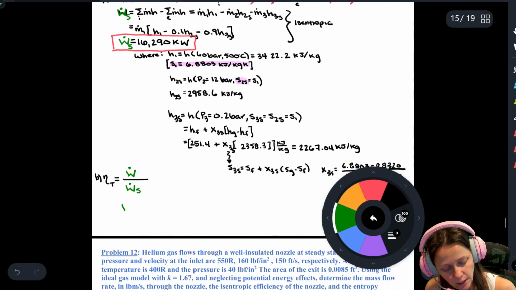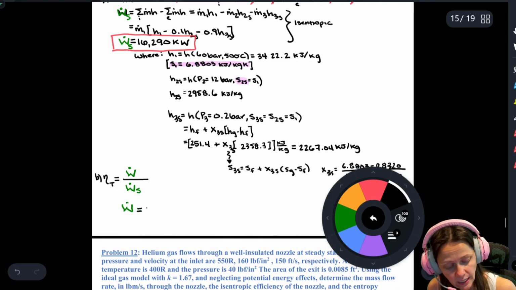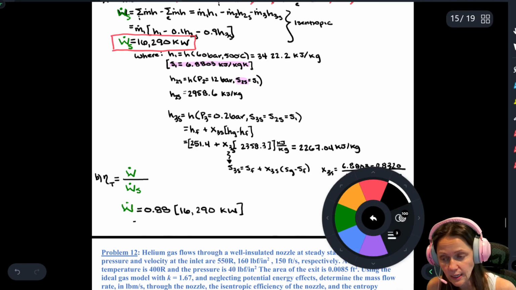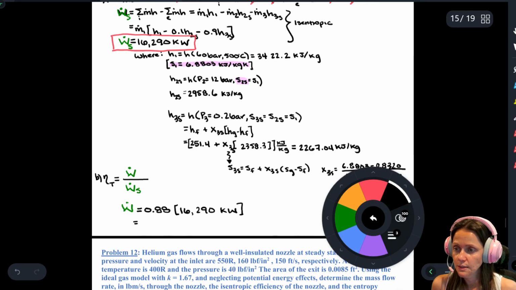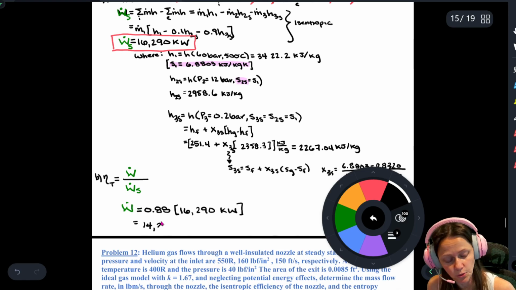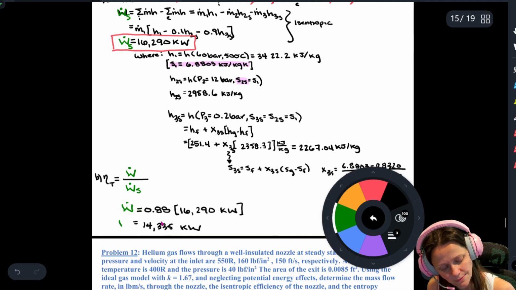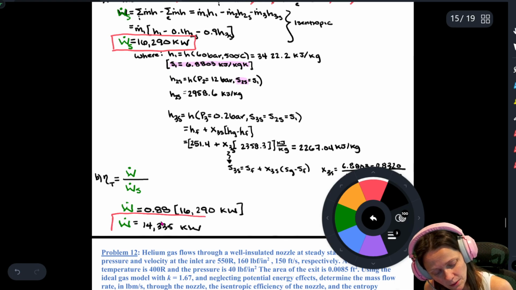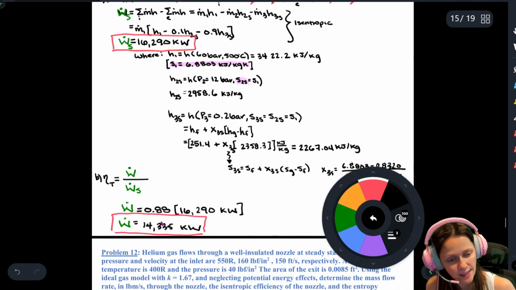So this ends up being 0.88 times that 16,290 kilowatts. And that's going to get me 14,335 kilowatts. Okay. There we go. Box that.